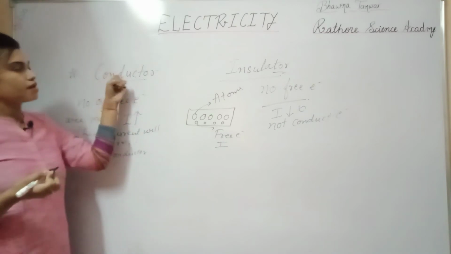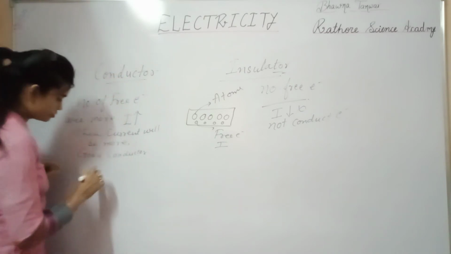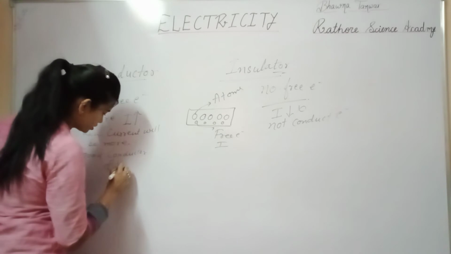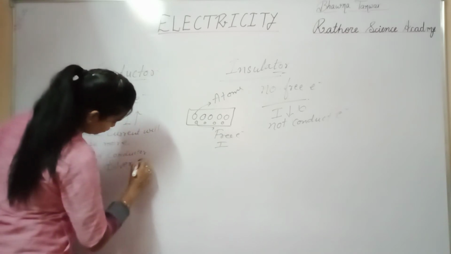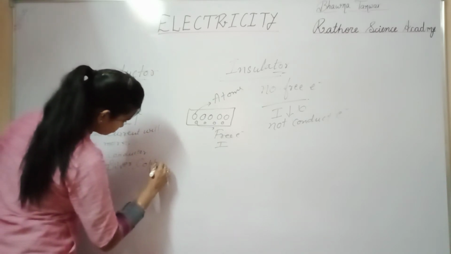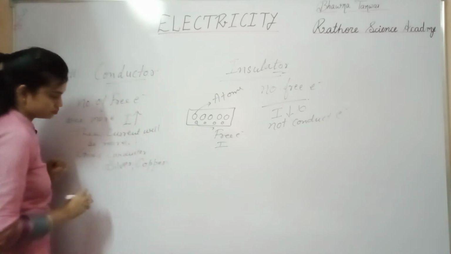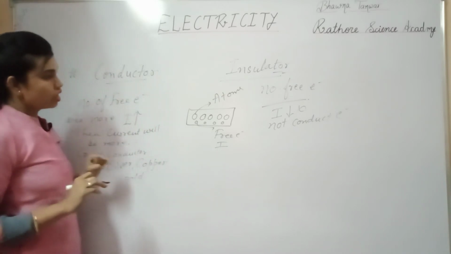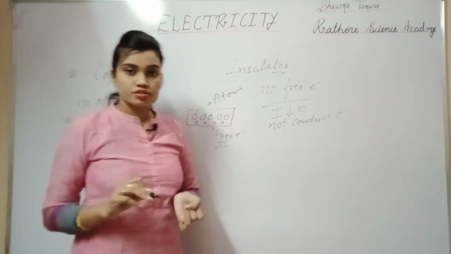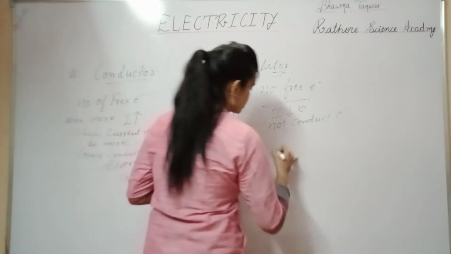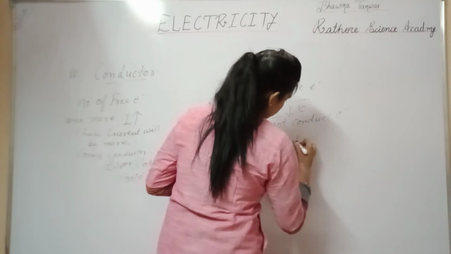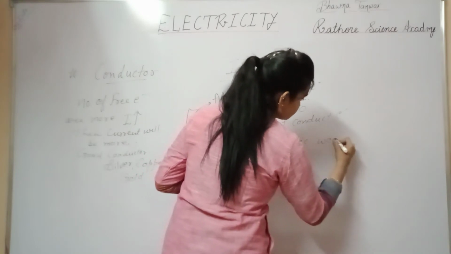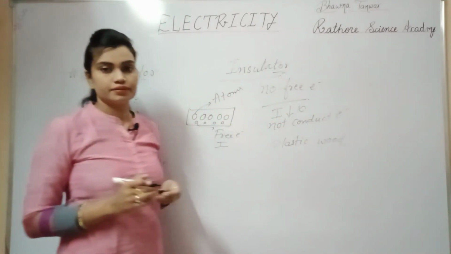If we take the example of a conductor, then silver is a good conductor of electricity, copper, gold. And if we take the example of an insulator, that will be plastic, wood, right?